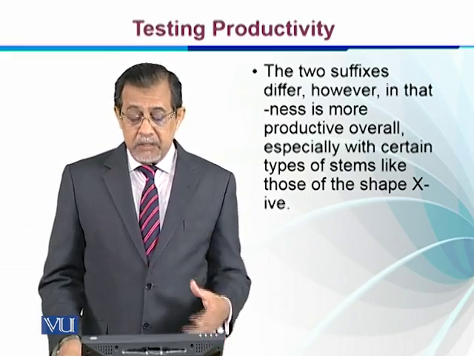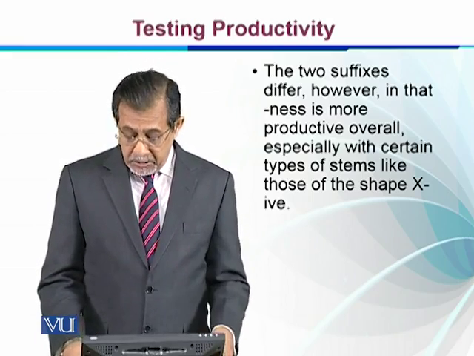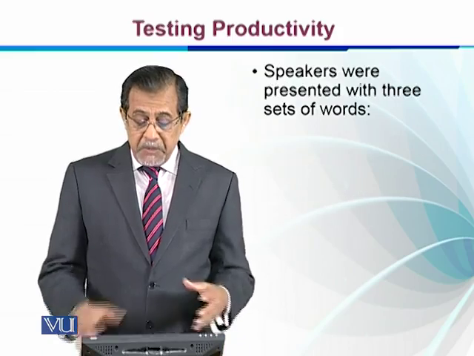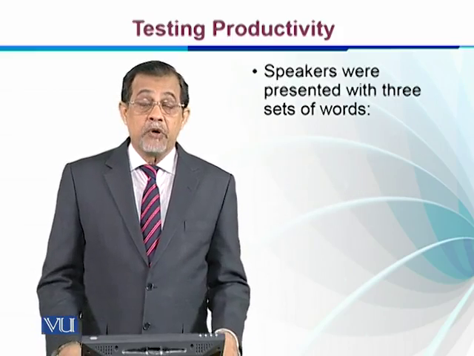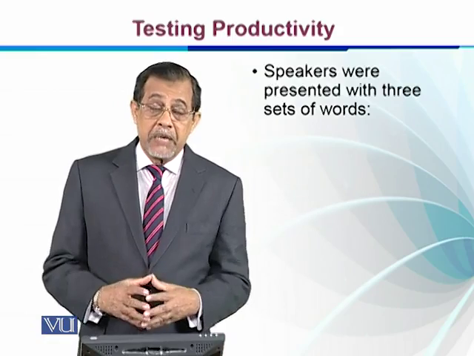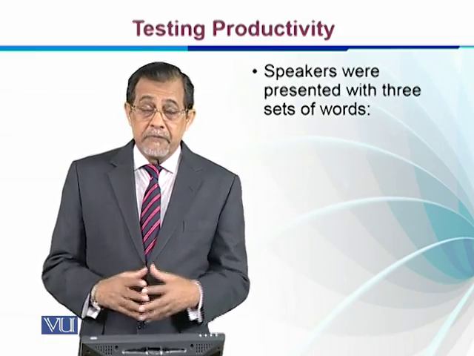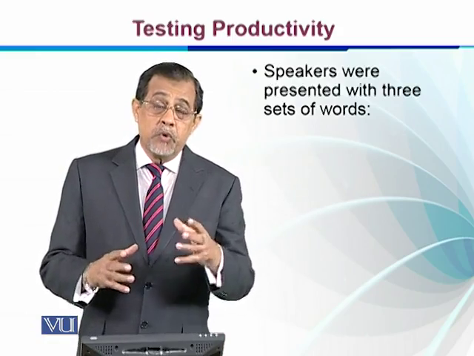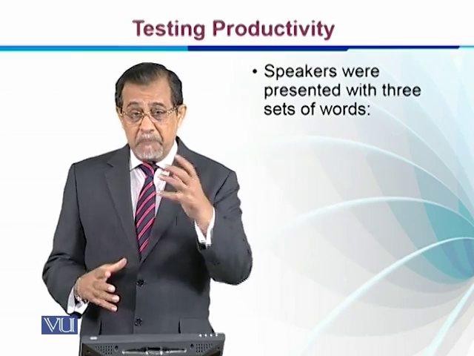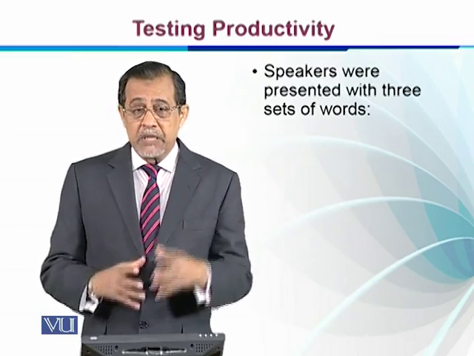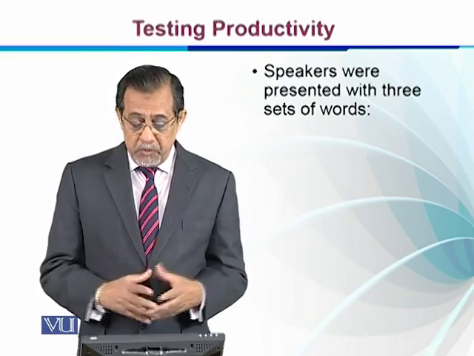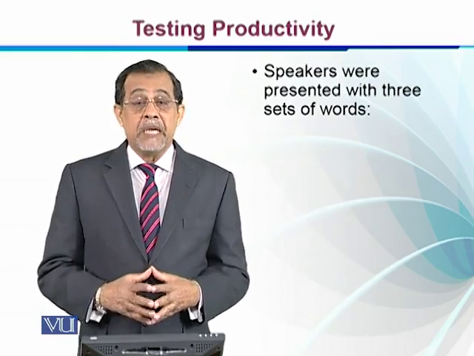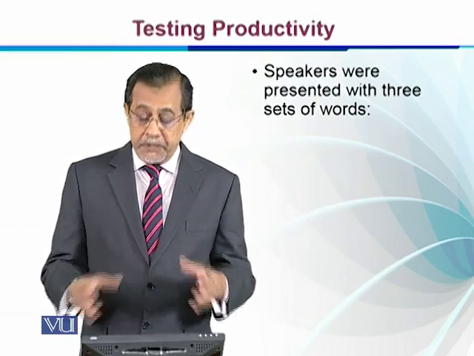Speakers were presented with three sets of words. So this was the experiment of Aronoff and his associate to look for the productivity of language among speakers. They made three sets of words.